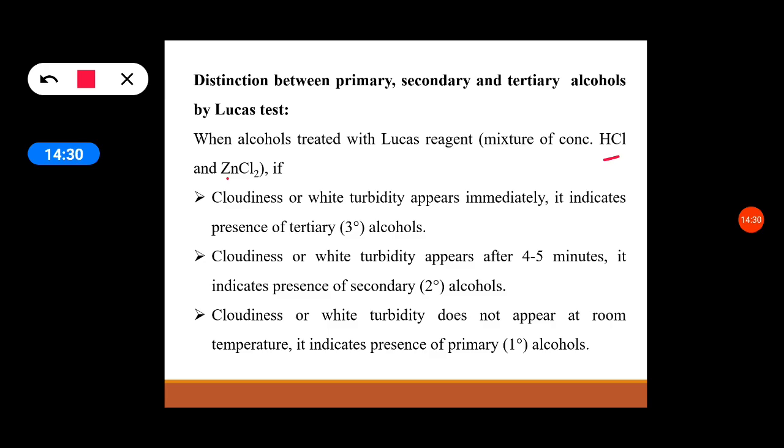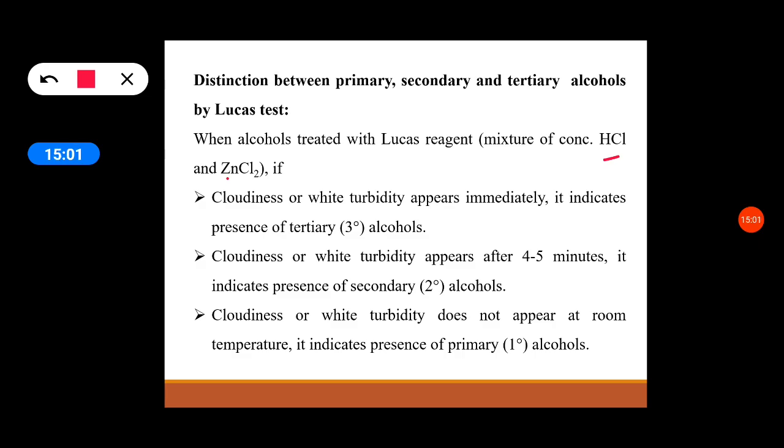The alkyl chloride formed appears as white turbidity, or cloudiness. White turbidity or cloudiness appearing indicates the formation of alkyl chlorides.